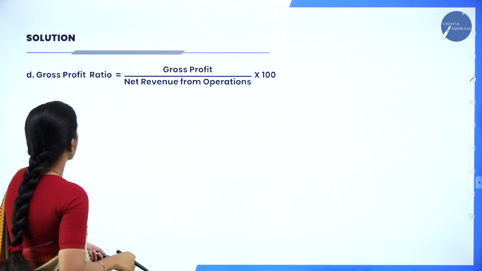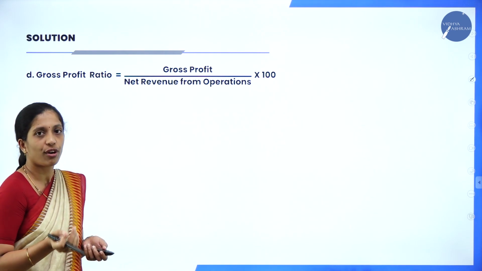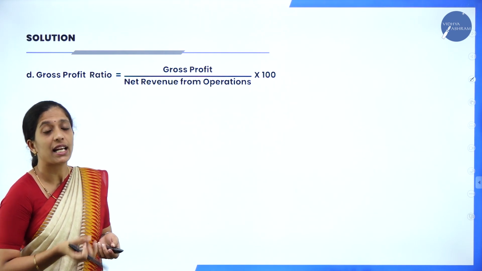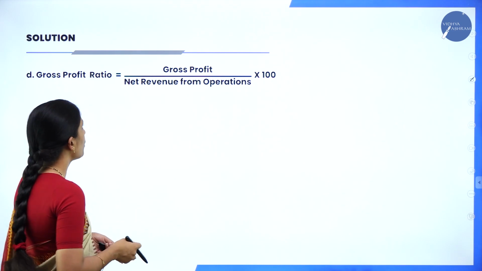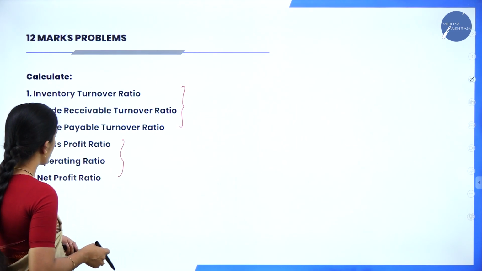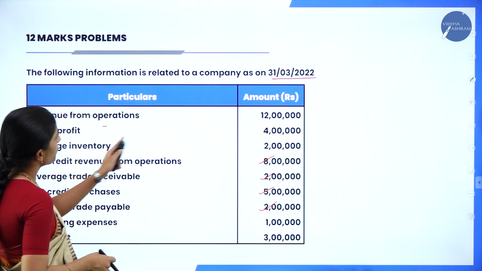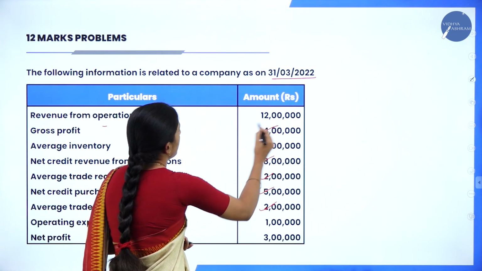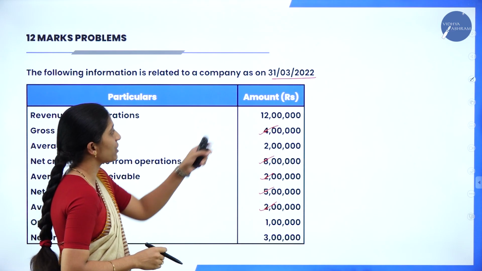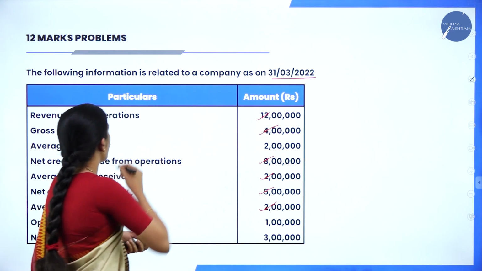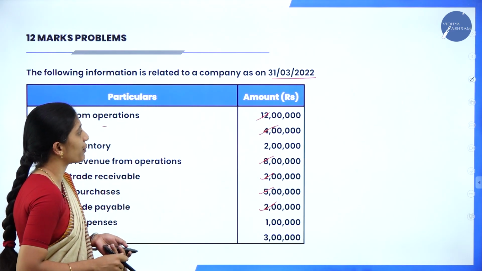Now moving on to the next one, gross profit ratio. Your formula is gross profit divided by net revenue from operations into 100. Gross profit is 4 lakh divided by net revenue from operations, 12 lakh. Revenue from operation itself is net revenue from operation.